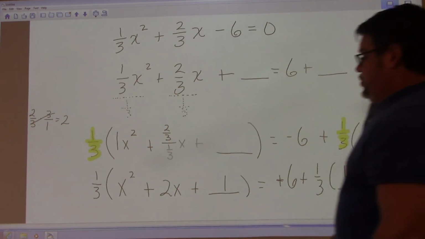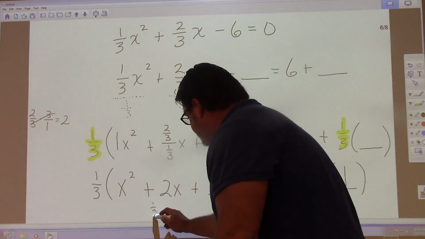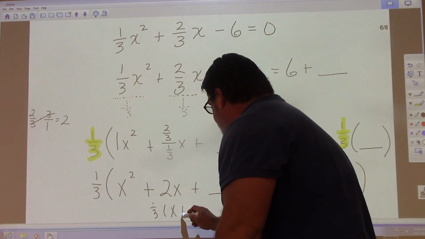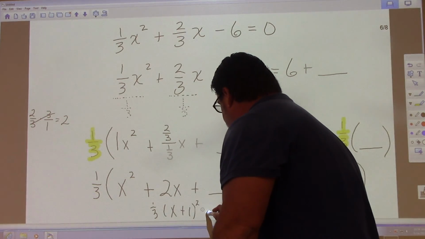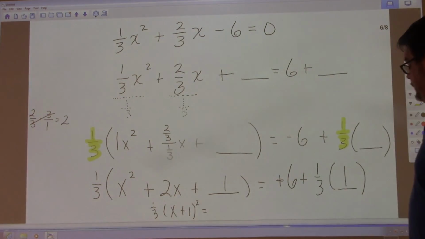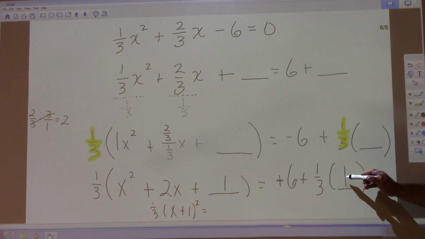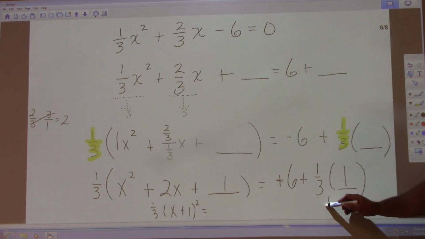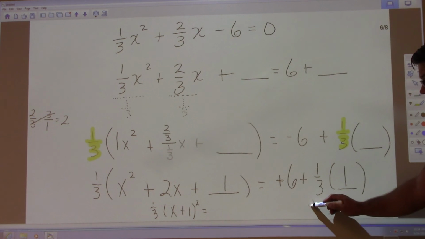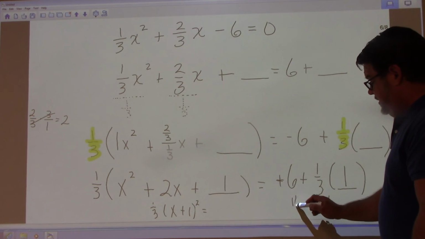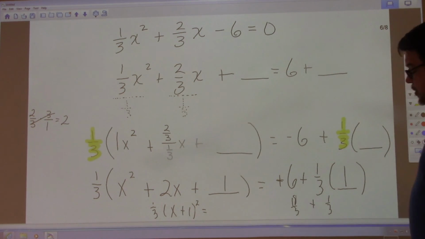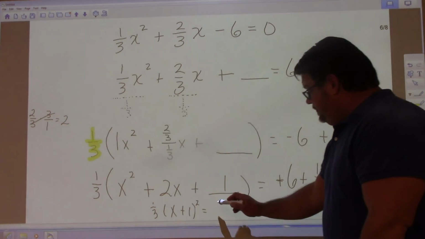And that leaves us with 1/3 times x plus 1, quantity squared, is equal to, well, 6 times 1/3, 1 times 1/3 is 1/3, plus, what? 18/3 is what? 19/3.